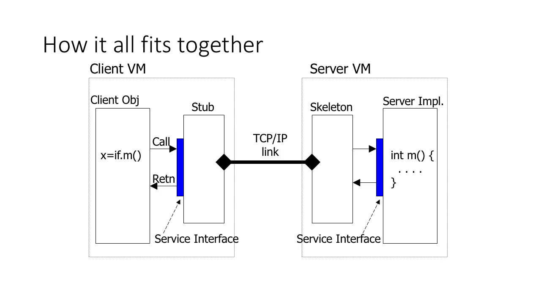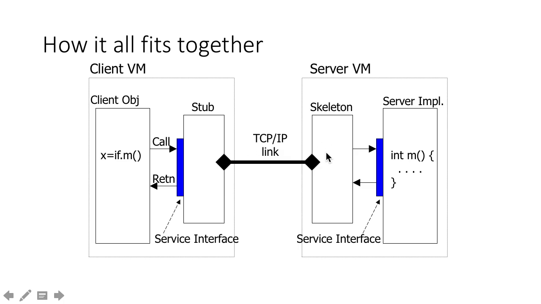The TCP/IP link essentially gives you a stop-and-wait protocol, which means that after the invocation, the right-hand side of the equal sign basically blocks the main thread of execution until the computation is completed, at which point the left-hand side of the equal sign is returned. So here it says x equals if dot m something or other, and that causes a call to a stub which goes out to a link.